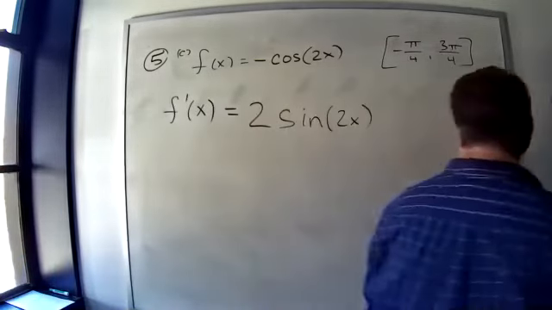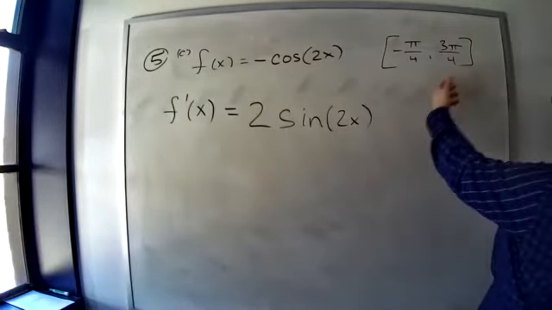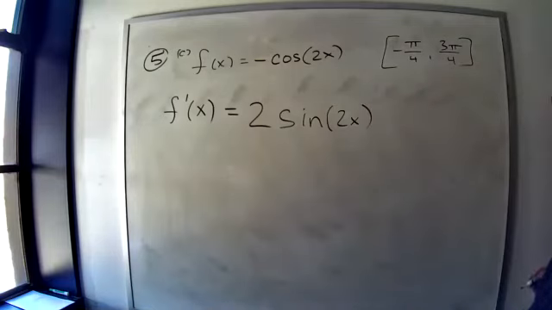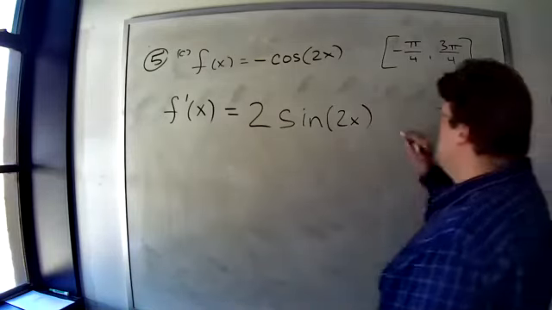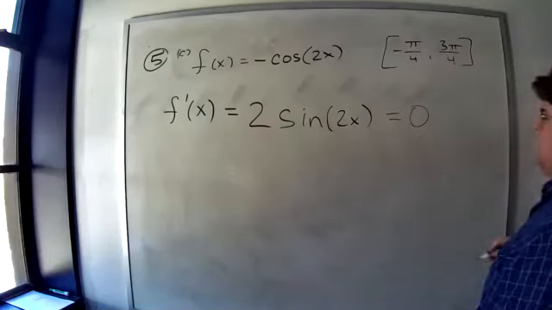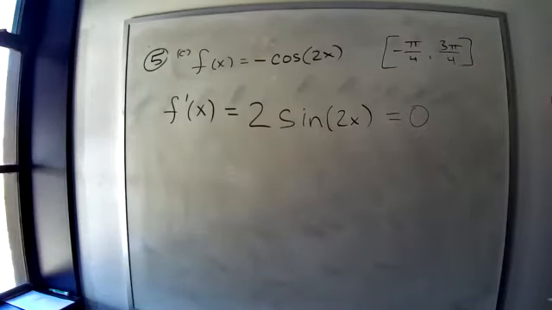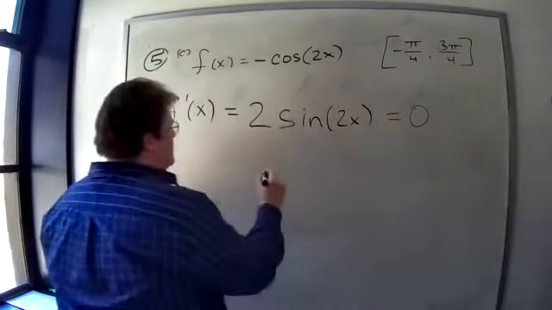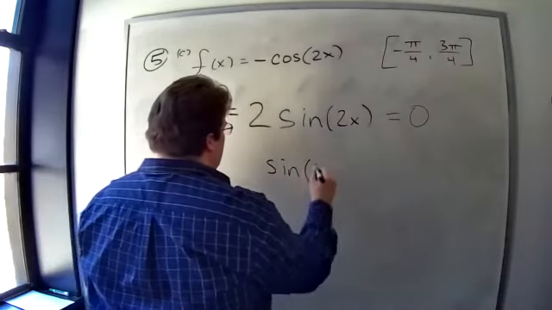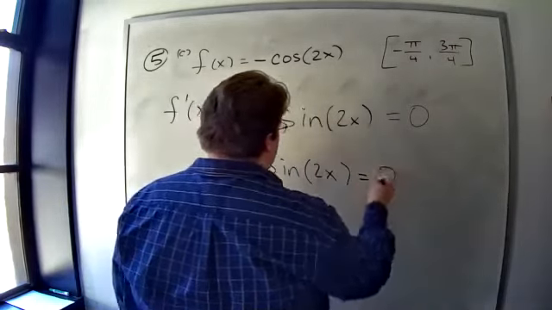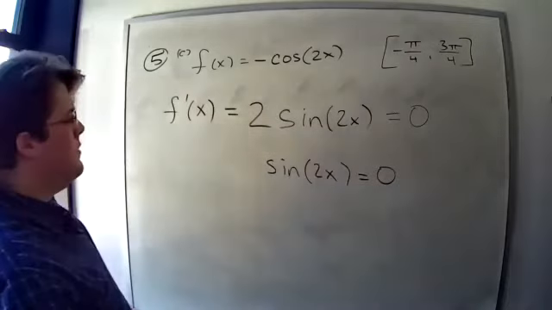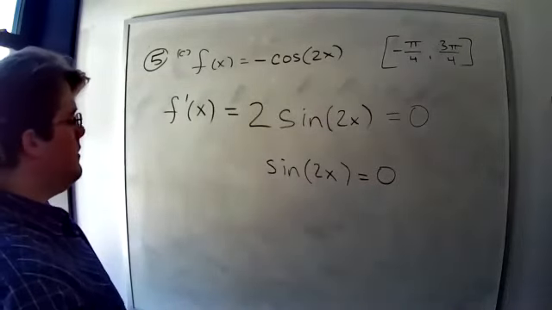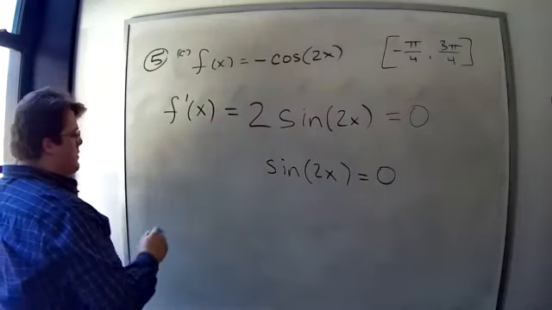And here we want to set this equal to 0. And conveniently, we have this nice restriction on our domain, which is nice for solving a trig function. Set that equal to 0, it's the same as what? Sine of 2x equals 0. Well, how can we solve this? Where is sine equal to 0?